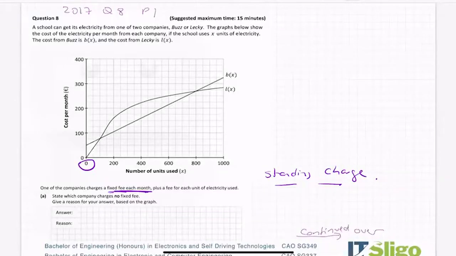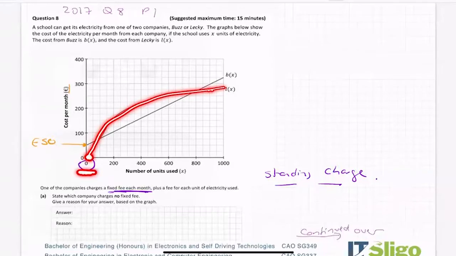So when I look up here, can you see this company here? Its bill does not start at 0. It's starting halfway up, which is 100, so 50. This one starts at 50 euros. Who is that? That's Buzz. Lecky, on the other hand, starts at 0.